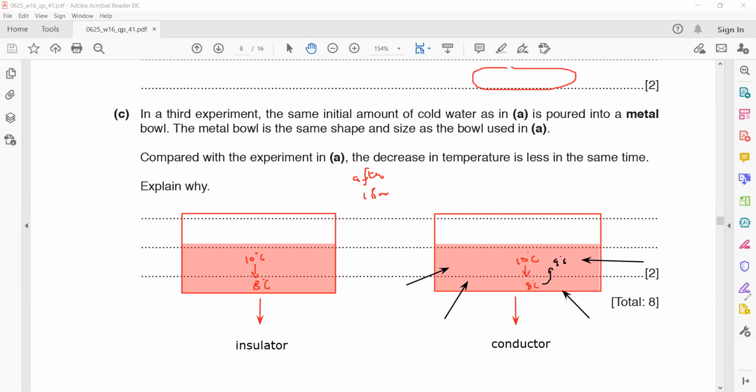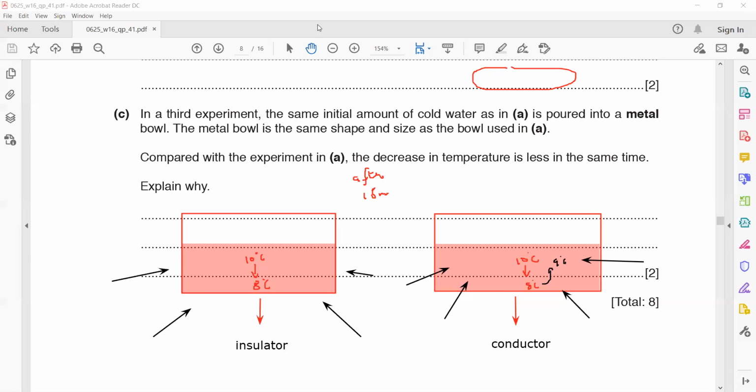So if you have a liquid in a container made up of metal and another made up of insulating material, the metal container will show a smaller change in temperature, because a conductor can transfer energy from the surrounding to the liquid. But for an insulator, this does not happen because an insulator does not allow heat energy to pass through. That's why in an insulator there will be a greater change in temperature.